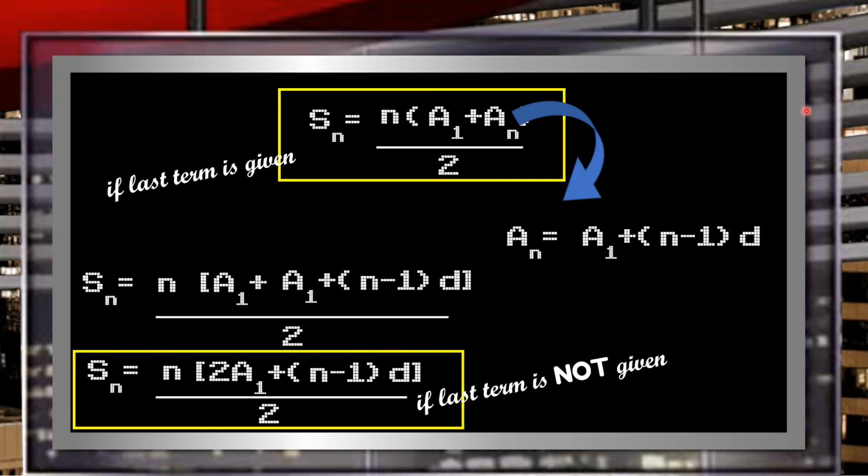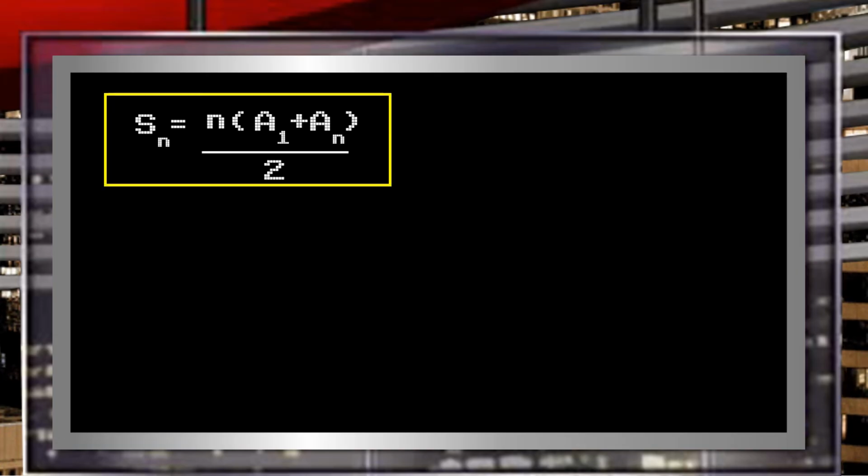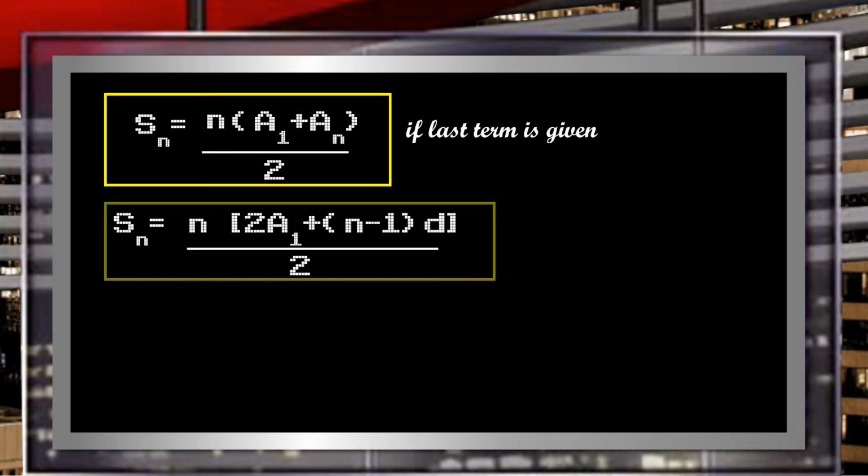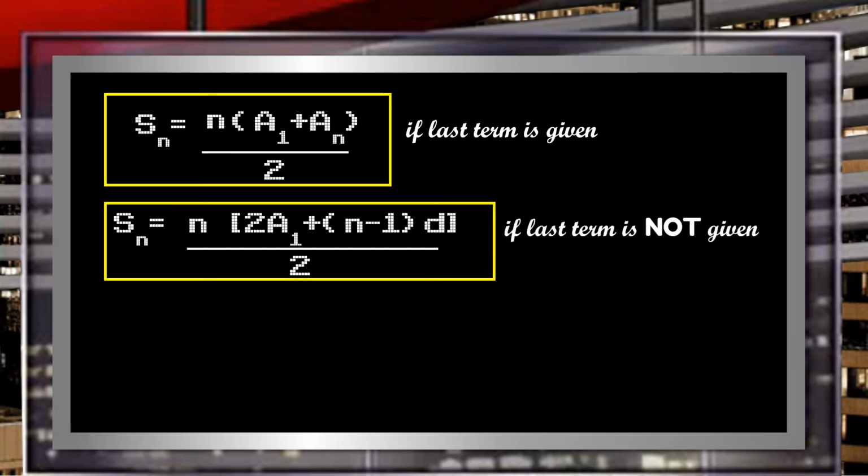There are only two. Let's repeat. This is the formula: S sub n is equal to n times the quantity a sub 1 plus a sub n all over 2 if the last term is given. And this is the formula: S sub n is equal to n times the quantity 2 a sub 1 plus n minus 1 times d all over 2. This is the formula if the last term is not given.